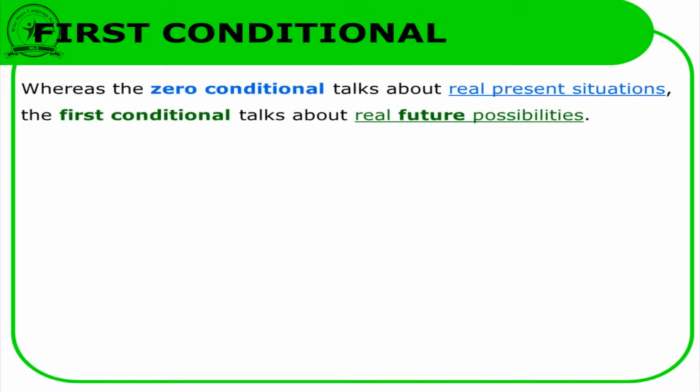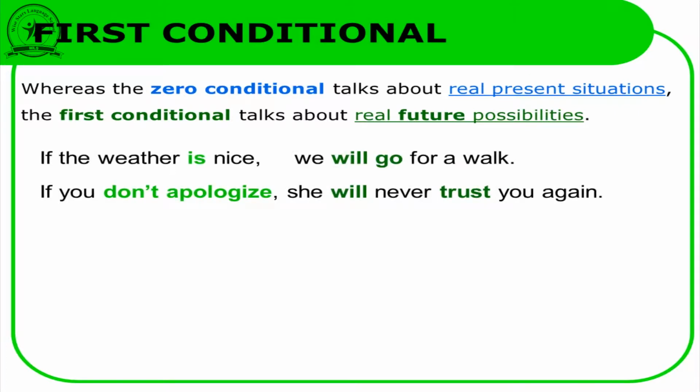And now, let's move to the second type of if conditionals, which is the first conditional. As we said before, the zero conditional talks about real present situations, but the first conditional talks about real future possibilities. Look at the following sentences.